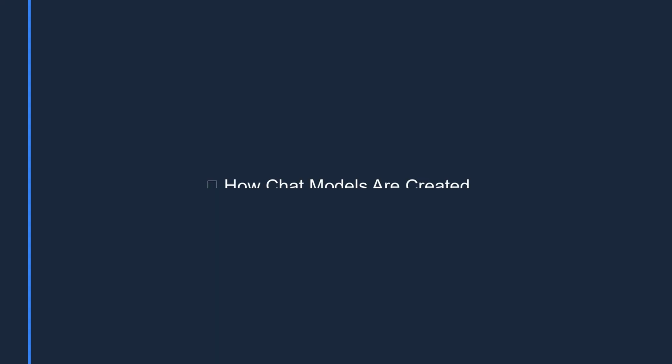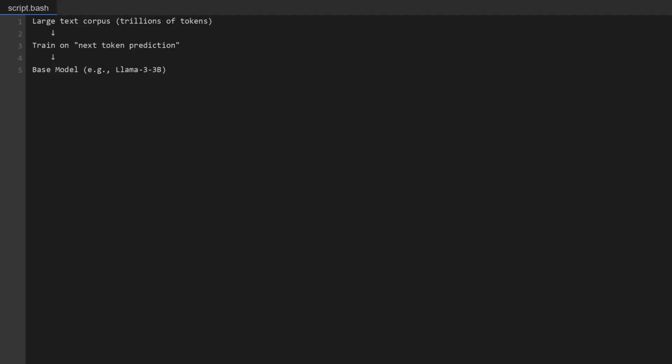How chat models are created. The journey starts with pre-training. You take a massive text corpus. We're talking trillions of tokens scraped from the internet, digitized books, code repositories, scientific papers, and you train a neural network to predict the next token at every position.